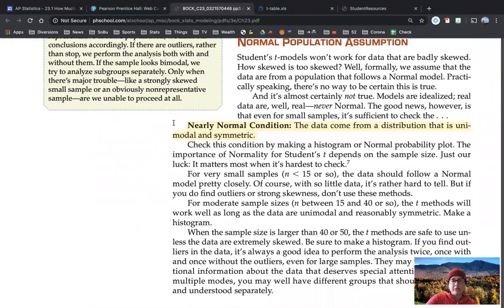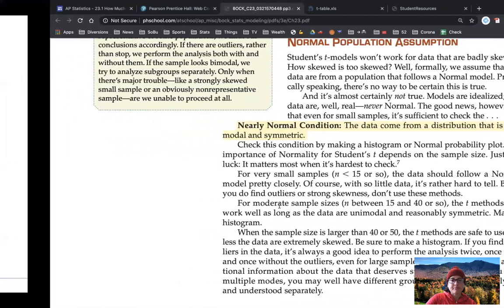For inference for means, we can only do inference if the underlying population looks approximately normal when our samples are really small. When the samples get a little bit bigger, it's okay. So down here it says when the sample is larger than 40 or 50, it's okay if the data are a little bit skewed. But if they're extremely skewed, then you wouldn't be able to satisfy this nearly normal condition.